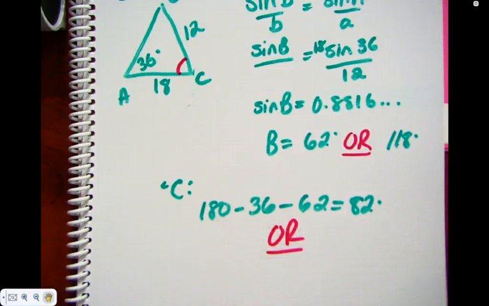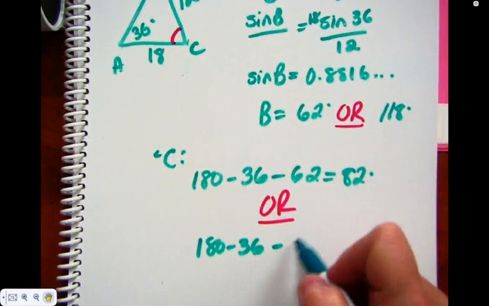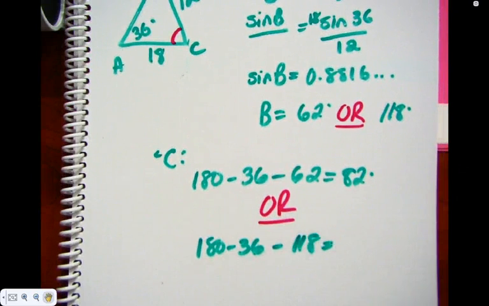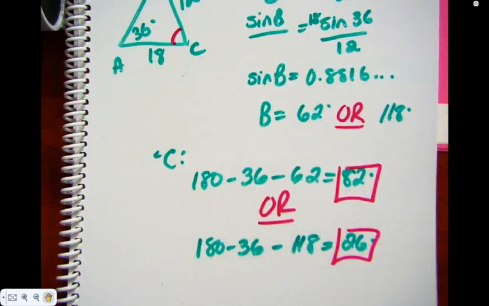Or 180 minus the given 36 minus 118, which is 26. Well, which is it, 82 or 26? Both. There's two different triangles that could be drawn from the given information. How you feeling so far on sine law? I like that the steps are always the same.